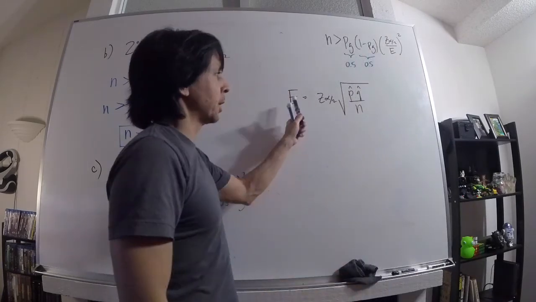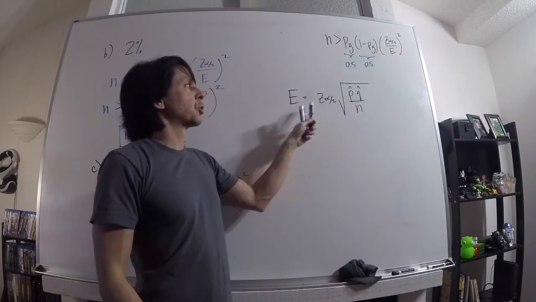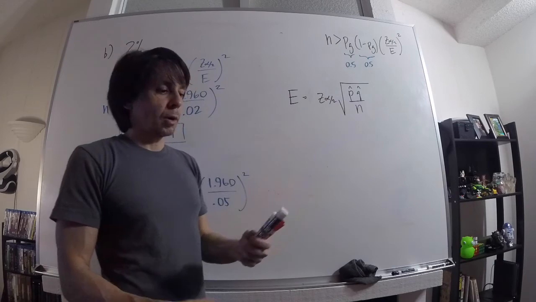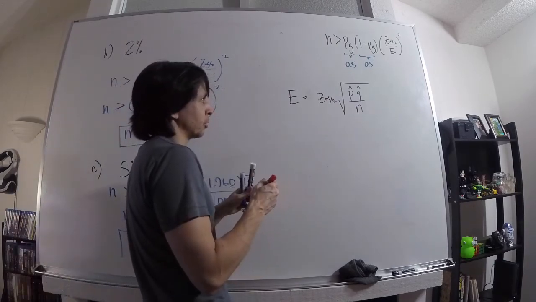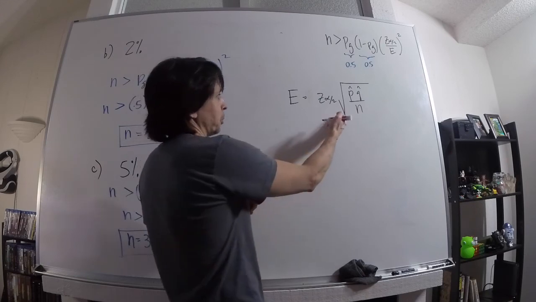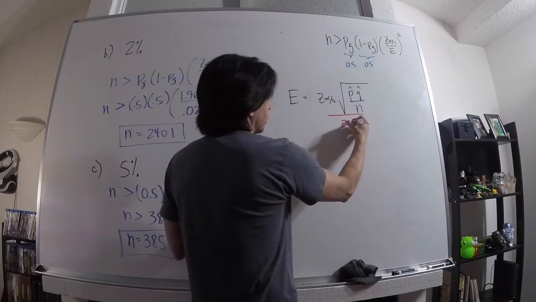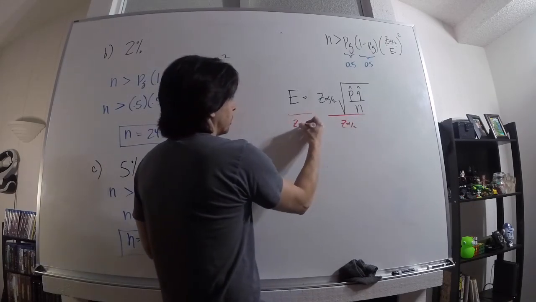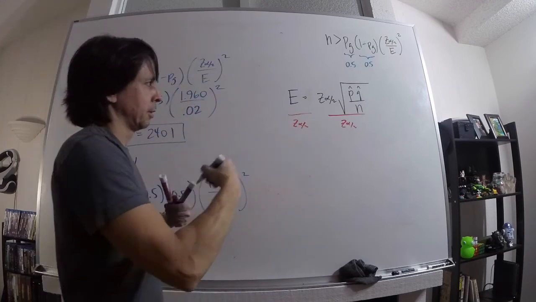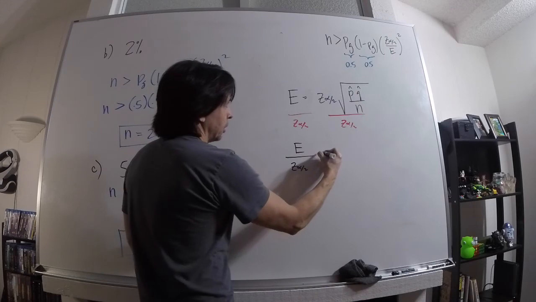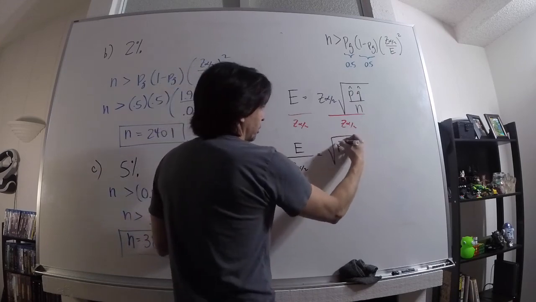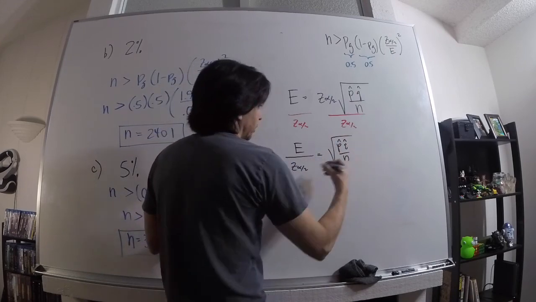I want to rearrange this equation to get n by itself in terms of the other four quantities. First of all, I want to get the square root by itself. So I'm going to be dividing by the z-score. And I'll get the margin of error E over the z-score is equal to the square root of p hat q hat over n.